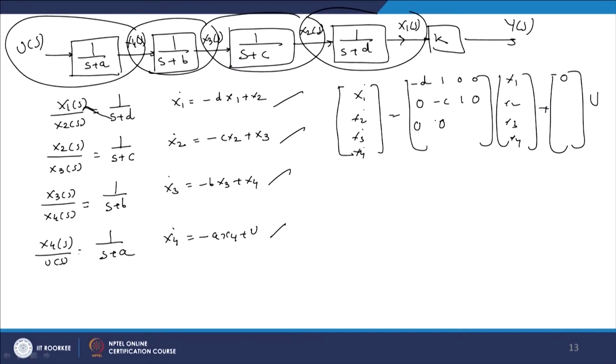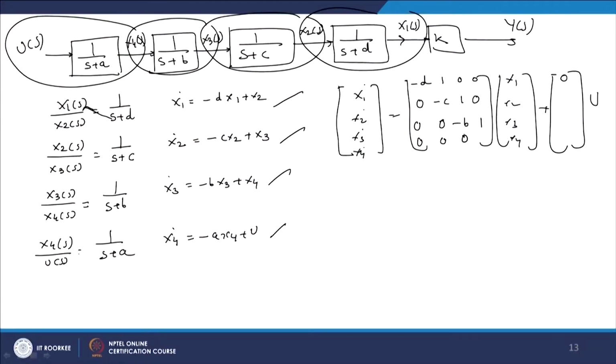So, here I am writing down 0, 0, minus b, 1, and lastly x4 dot equal to minus a x4 plus u. That means, here terms of x1, x2 and x3 are 0. So, I will write 0, 0, 0, minus a, but here u is there.